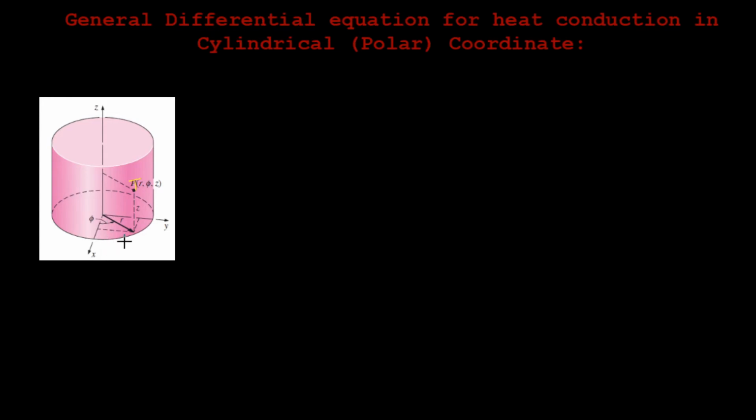So what I'll do is to write the transformation. So here I need the value of x and y. I know z remains the same, the height remains the same for both Cartesian and polar coordinate system. So now I need to express x and y in terms of the other two parameters, that is r and phi.